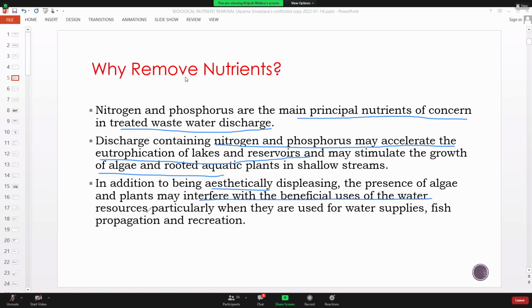Water supply may also become a problem. Fish propagation and recreation are industries, and they are going to be damaged if you discharge your wastewater. Nowadays, if properly managed, we can utilize river systems and generate huge funds from them. But the bad luck of India is that we are not able to generate funds from the river.